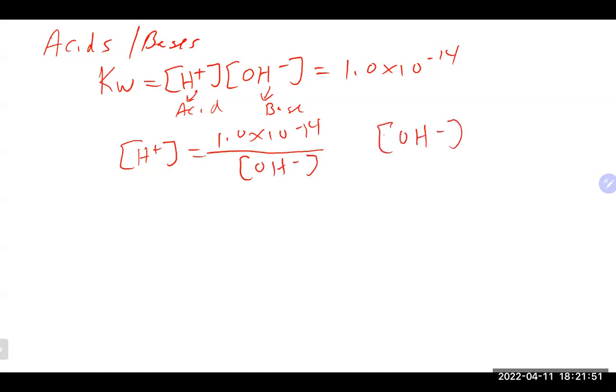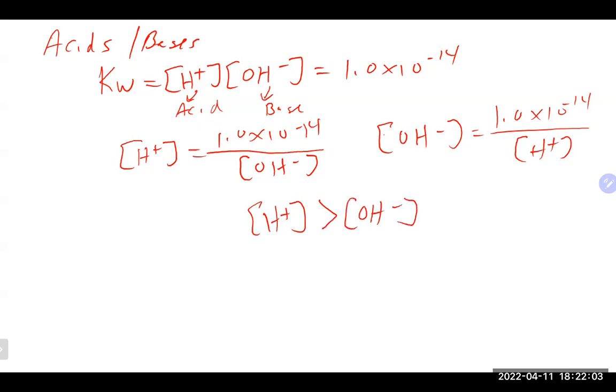And what we can do, when we calculate these, is compare the two concentrations. If the H plus concentration is larger than the OH minus, really the acid part is larger than the base part, it would be an acidic solution. If the OH minus is larger than the H plus, then the basic part of the solution is more.